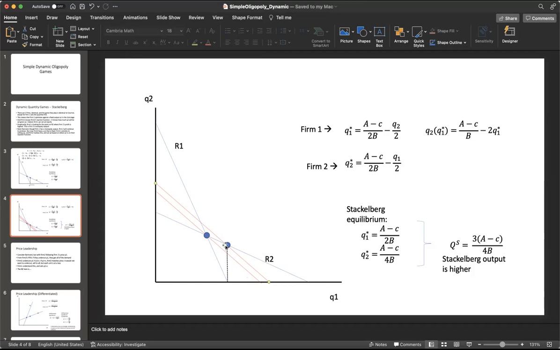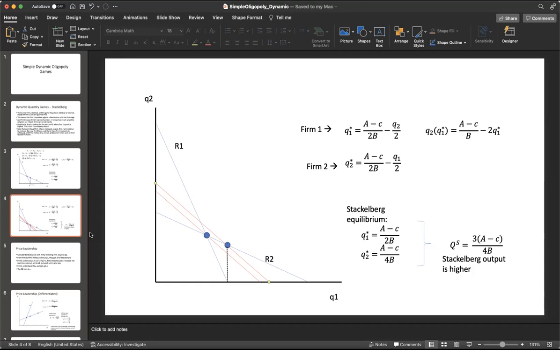So pag mas mataas yung output ng Stackelberg, ano ang masasabi natin sa price? Lower price. So Stackelberg leadership model will generate a lower price than Cournot.